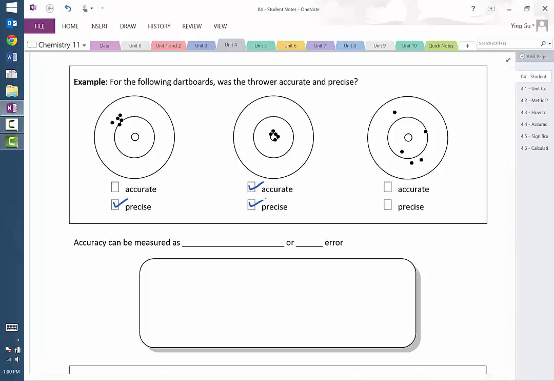In an experimental sense, for the first scenario, we would say you have very good skill doing your experiment. However, there is something inherently wrong about your experimental setup that makes your answers all fall away from the actual answer. So our first situation represents good experimental skills on the part of the scientist, but something is wrong with the experimental design.